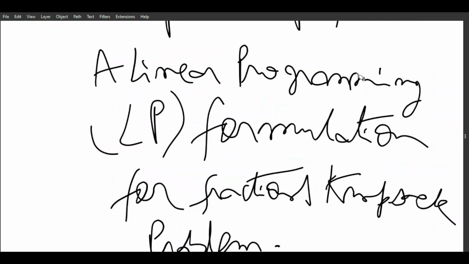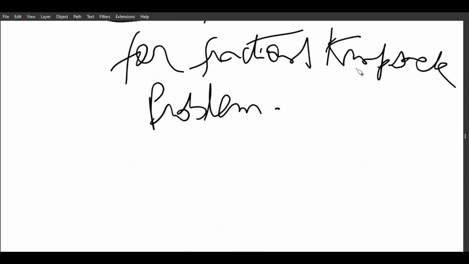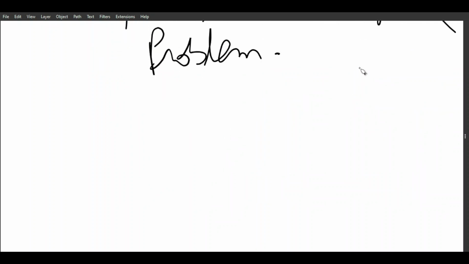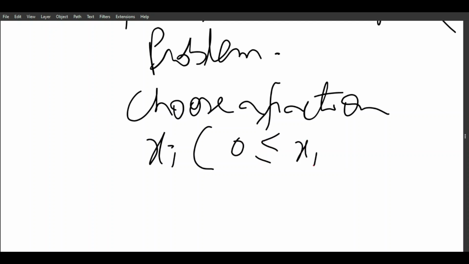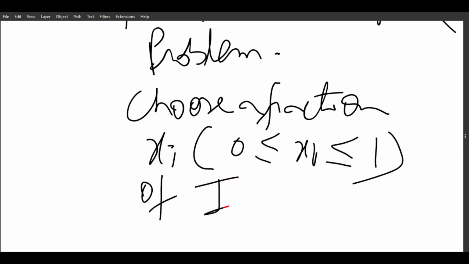So in this linear programming formulation, what we do is we take variables. How much fraction of each item are we taking? So we choose a fraction xi, and here the value of xi can range from 0 up to a maximum of 1, for item I with index small i.